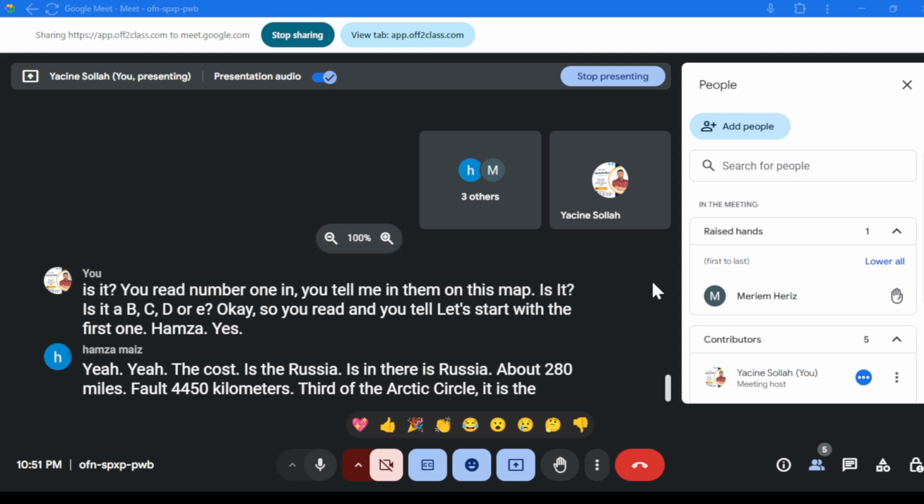In January, the average temperature is about minus 40 degrees Fahrenheit. Fahrenheit, minus 40 degrees Celsius. Good. So, where is it on the map? D, in the red. D, very good. Yes, it is in Russia.